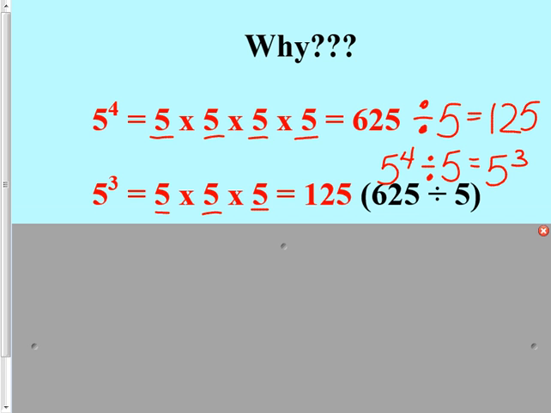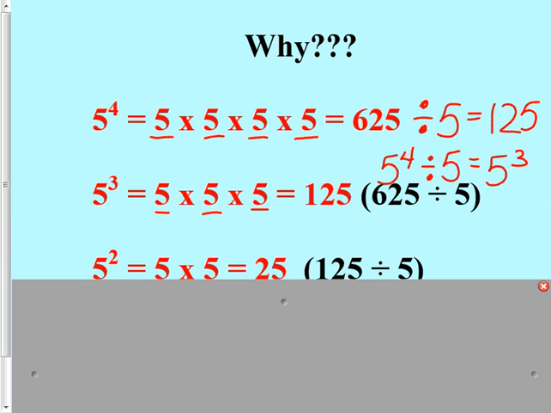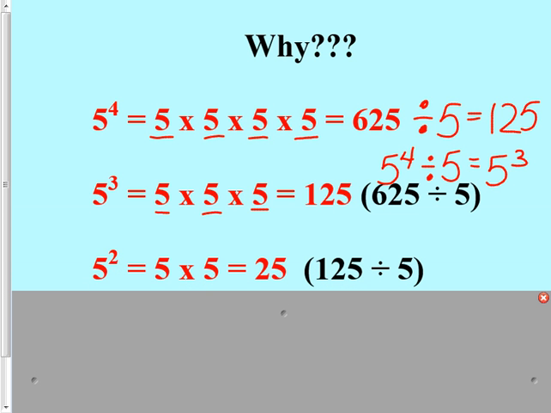Now we can continue that by saying 5 squared, we know, is 5 times 5, which is 25. If we took 5 to the 3rd power, which is 125, and we divided it by the base of 5, notice what we get. We get 25. So in other words, we get 5 squared.